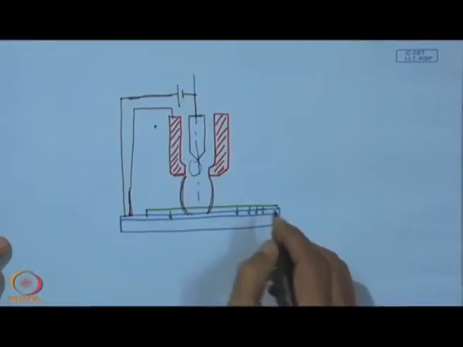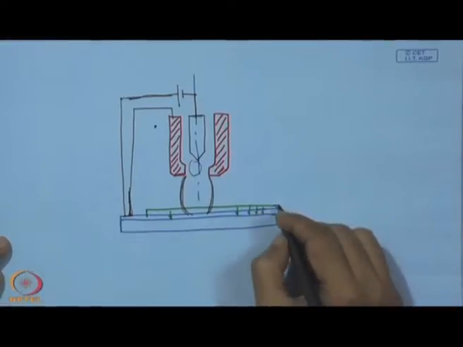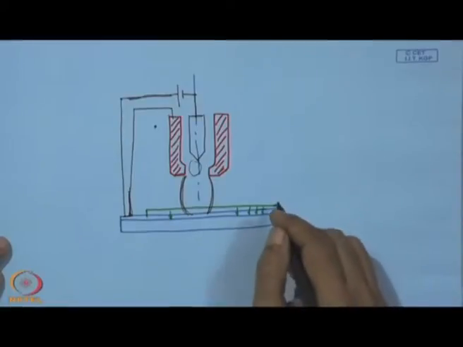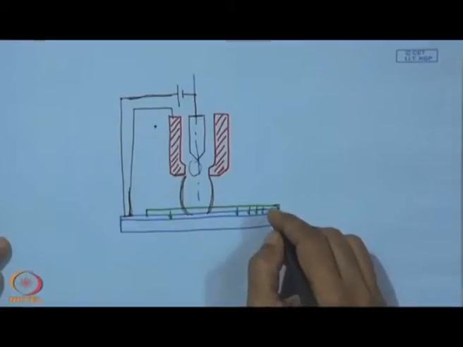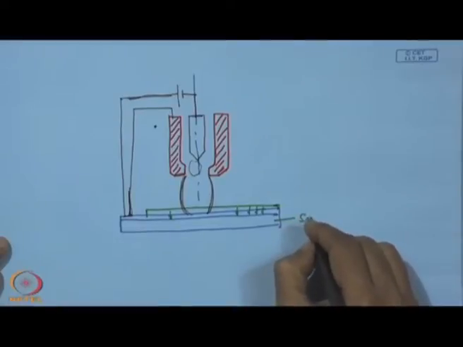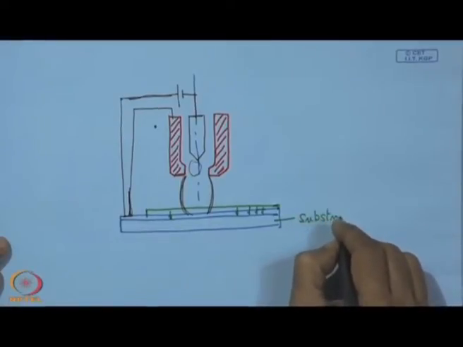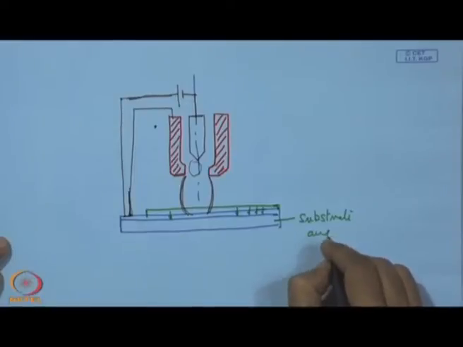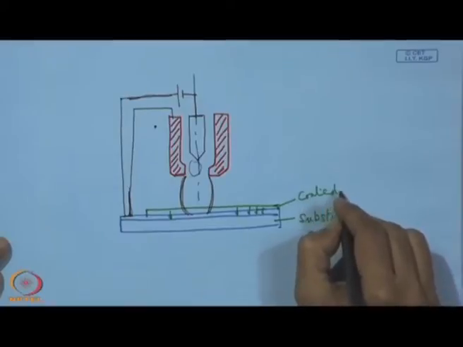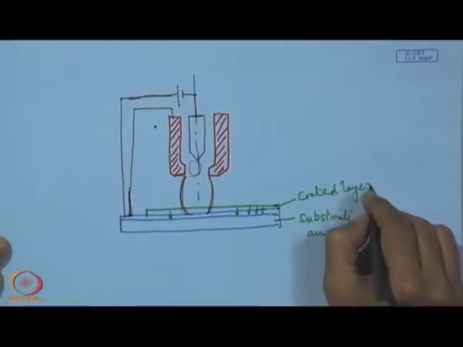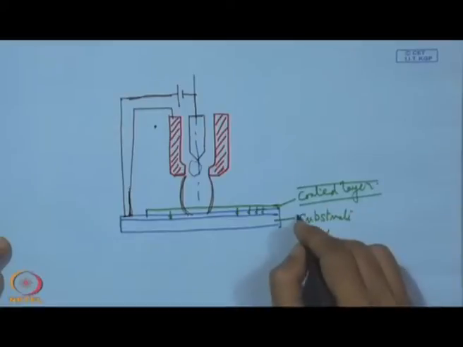So, there will be some dissolution, and with this dissolution we can have dilution. However, what we can achieve is the better metallurgical bond between the substrate and the deposited layer, that means this coated layer.